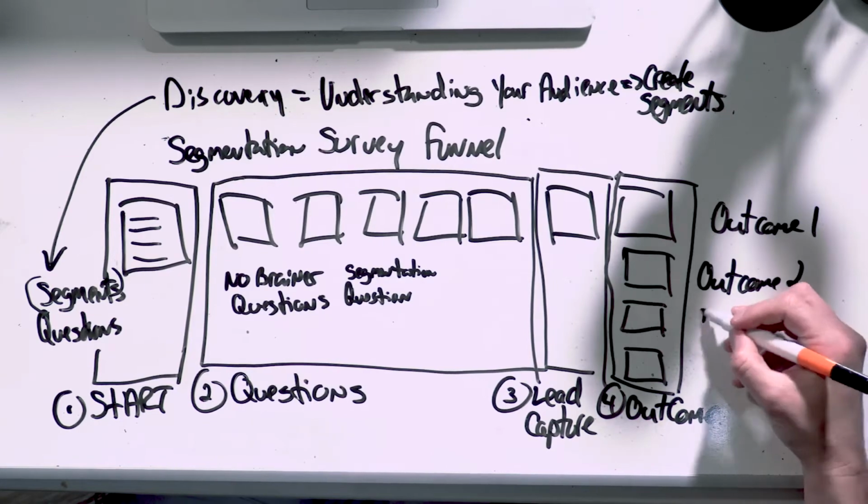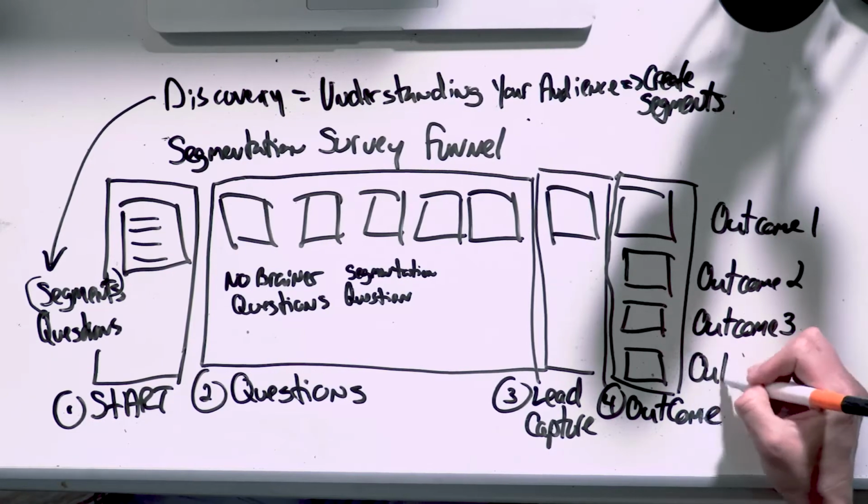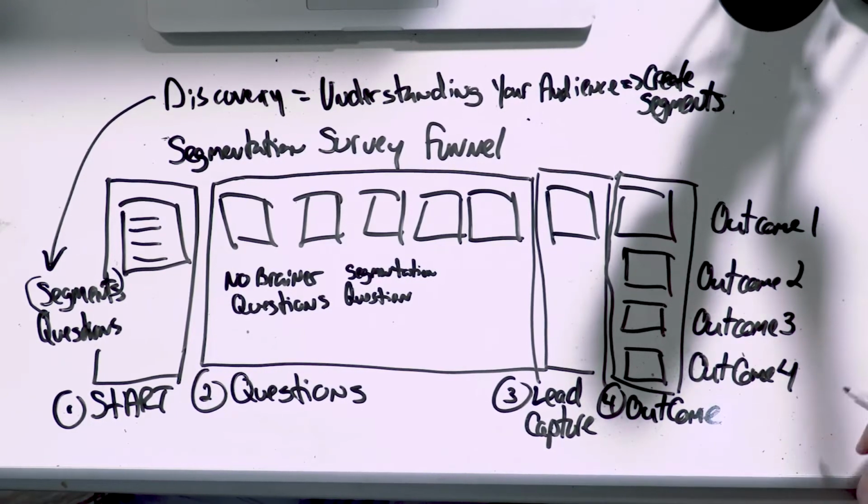Your outcomes are done, believe it or not, first. You do that before you ever do any of this stuff. You know your segments here. So you're going to come and you're going to create your outcomes. Outcome 1, outcome 2, outcome 3, outcome 4.